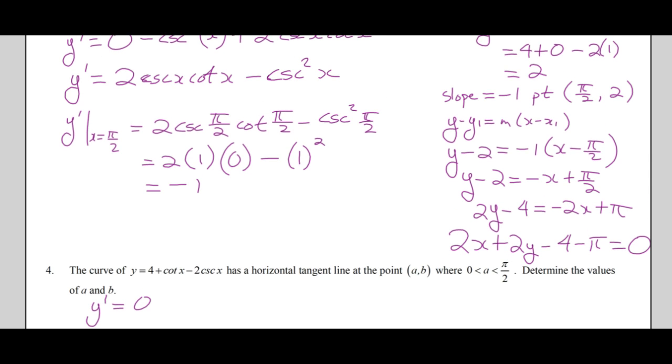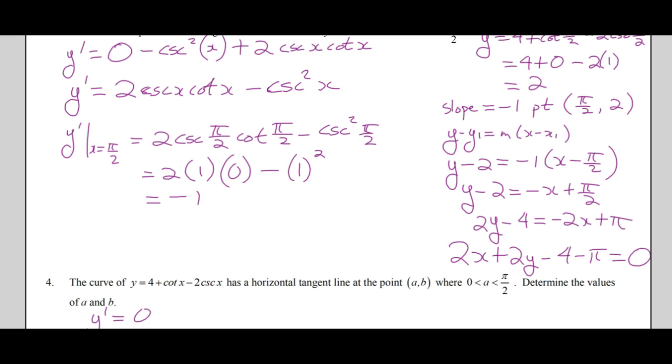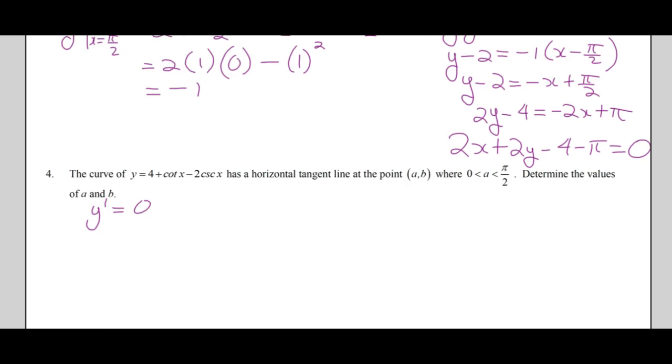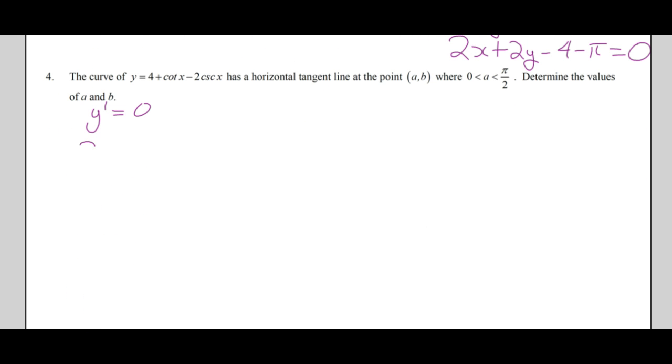And we've got a y prime expression here, right? Was it 2 cosecant cotangent minus cosecant squared? Whenever I say cosecant cotangent, I really mean the cosecant of x or the cosecant of something.